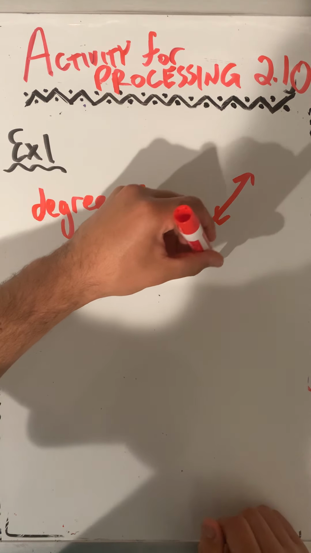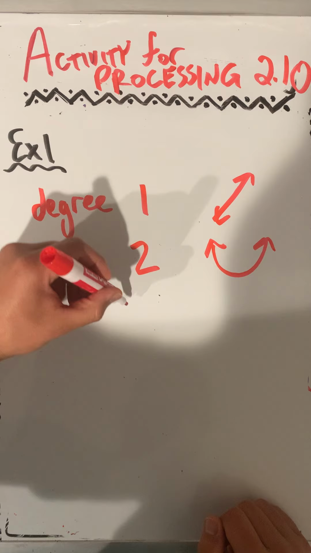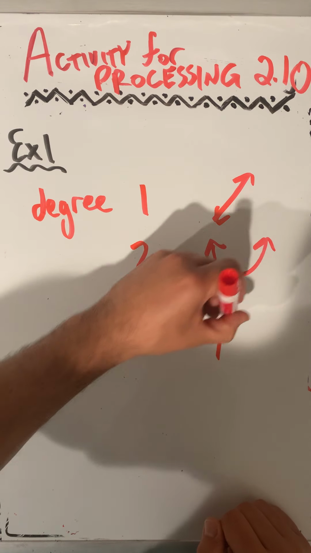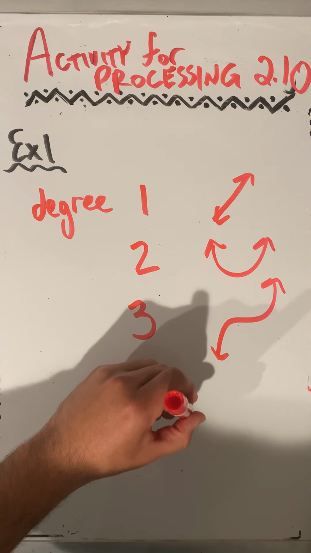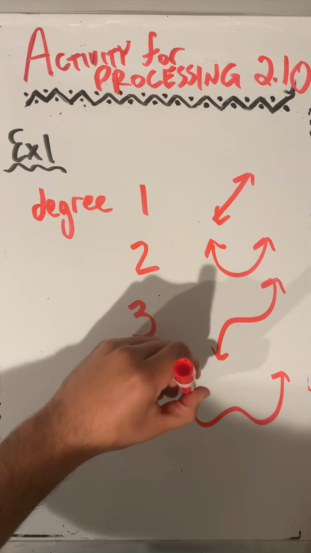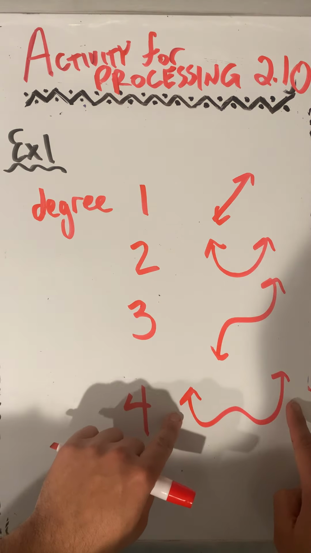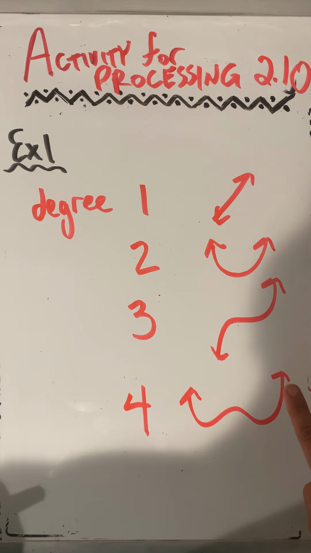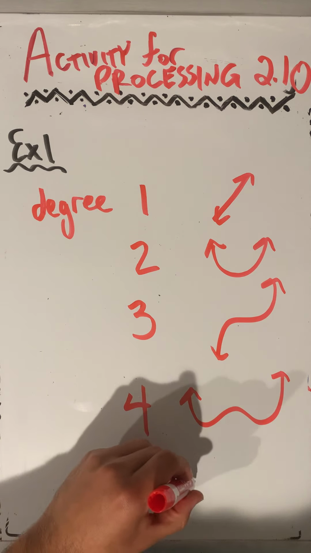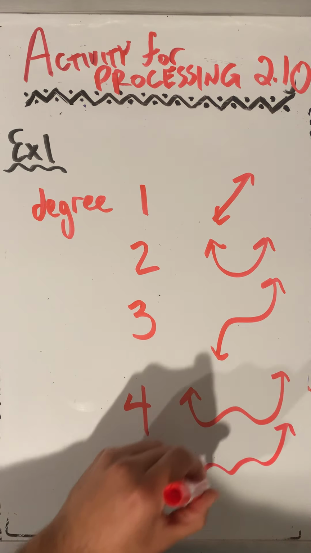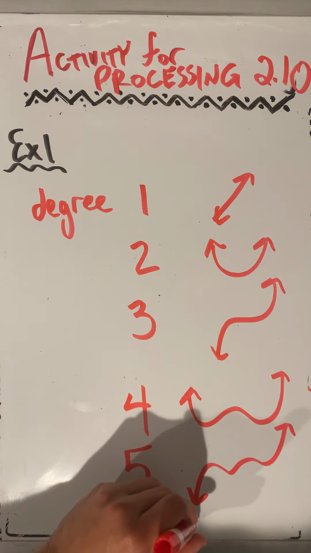Degree 2 was parabolic. Degree 3 was cubic, like a snake. And then degree 4, it's kind of like a degree 2. It's parabolic, but it has a little bit of a wave to it. Okay, I'll show you 5. And then 6.